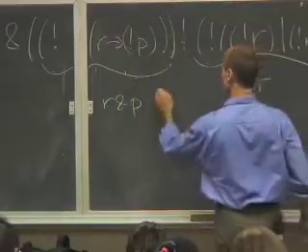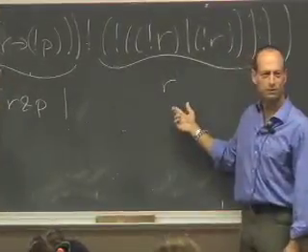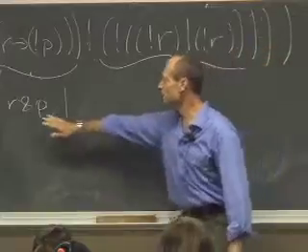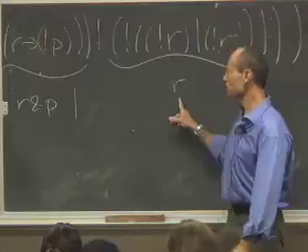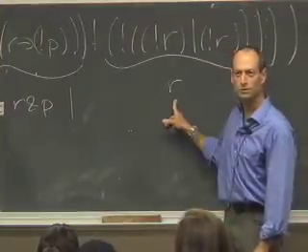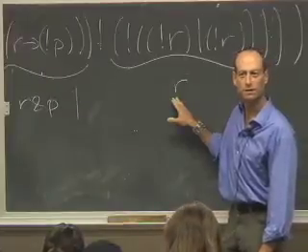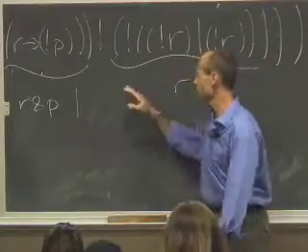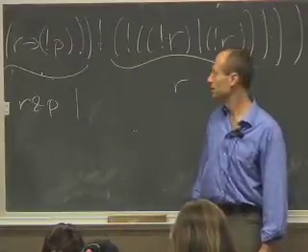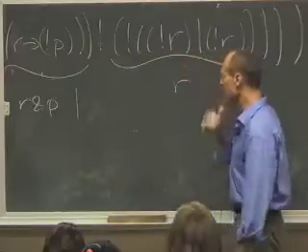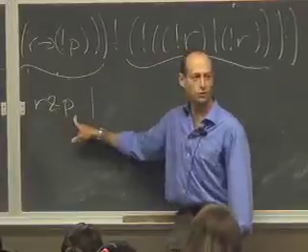So you have R and P, or R. What does that evaluate to? R and P is only true if both R and P are true. R is true whenever R is true. So in order for this to be true, both R and P have to be true.